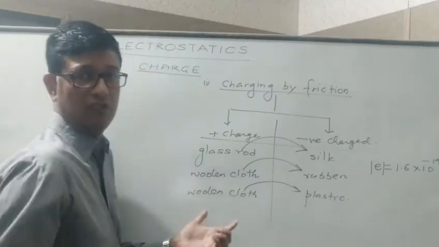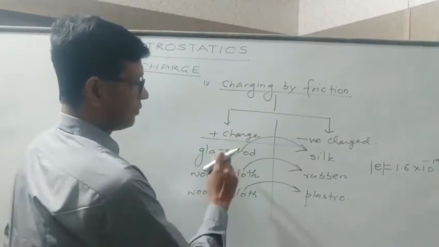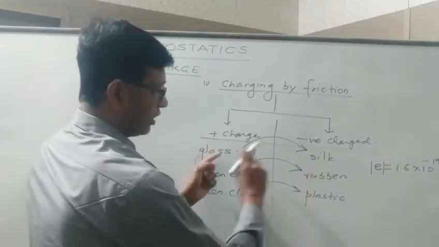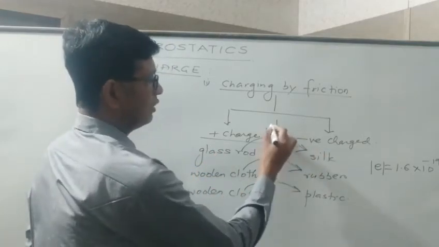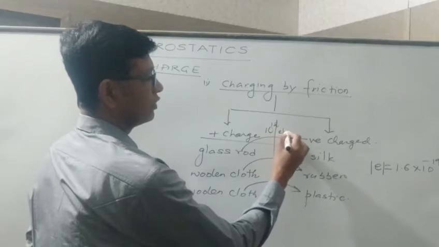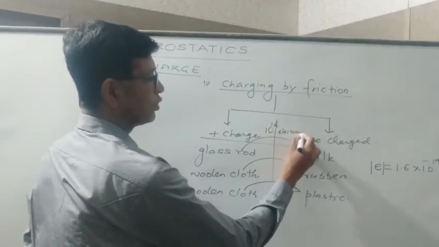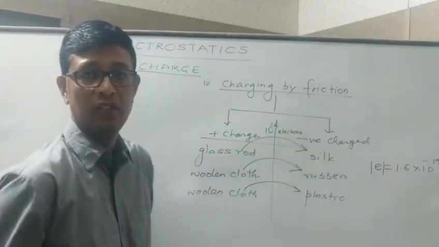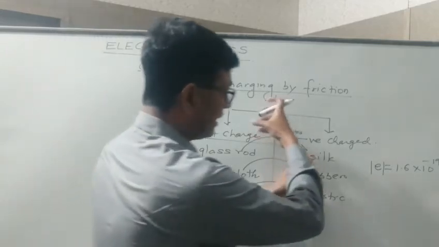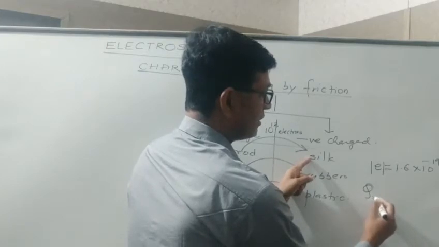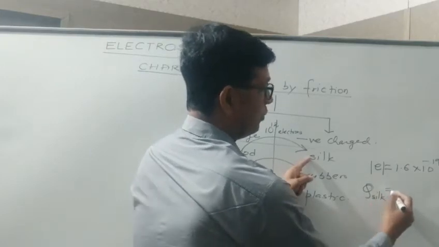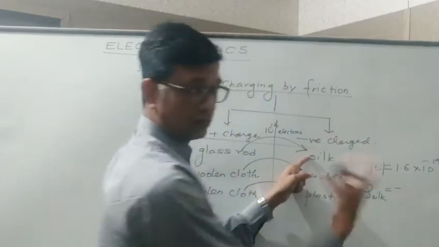So suppose, as an example, due to the rubbing of glass rod and silk, let us assume glass rod loses 10 raised to 12 electrons. So silk will gain 10 raised to 12 electrons. So the net charge acquired by this silk would be negative, obviously, due to the gain in electrons.